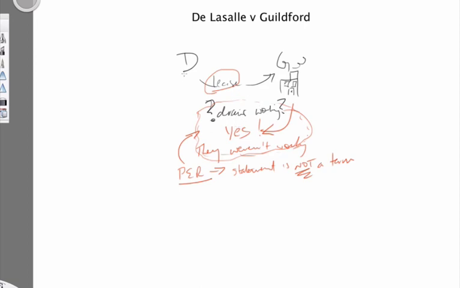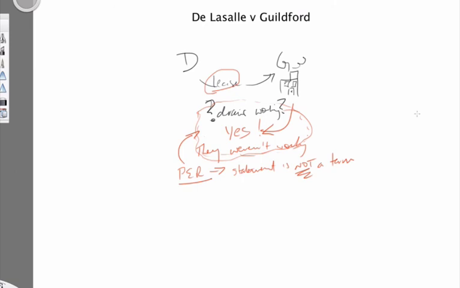And you'd say, well, De La Salle's up the creek then, right? Because there's no term about the drains, and if they're not working, then more fool him for not having it written into the contract. But what the courts did say was that there was a second contract.